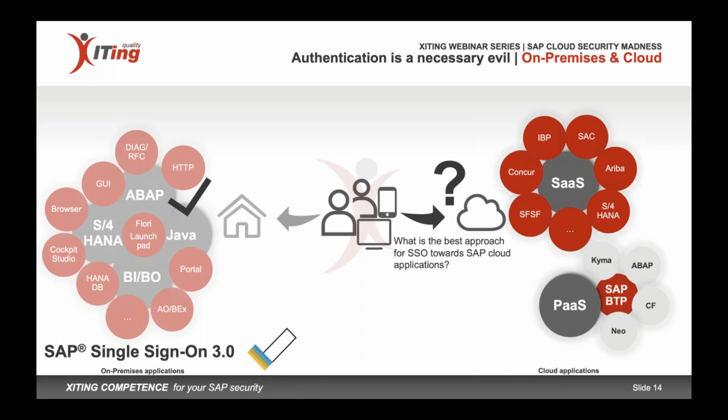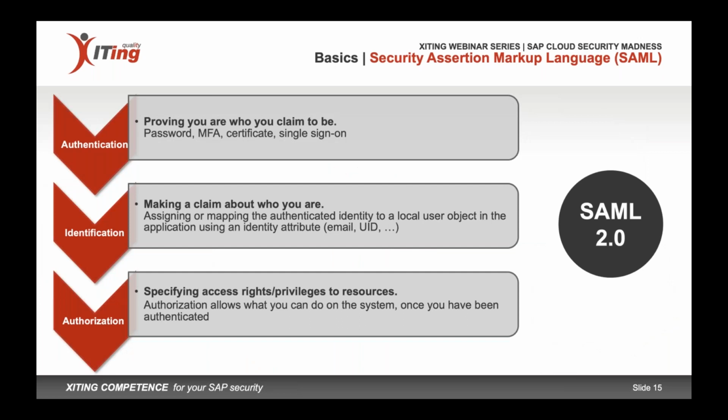And now we have to think about what could be the best approach for a single sign-on towards all our SAP cloud applications, meaning software as a service applications and the platform as a service offering, the business technology platform with the different environments where you can also run your own applications or just consume existing applications. So that is more or less important to understand.